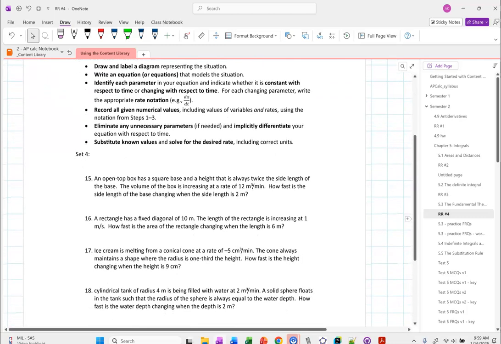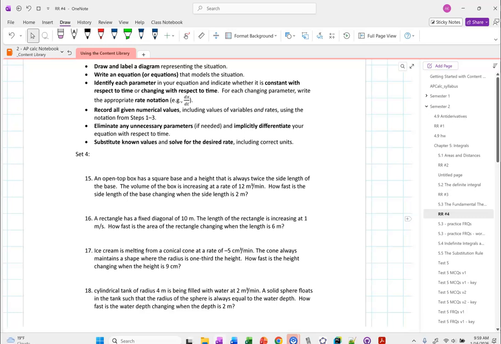Let me read through solutions here for set 4. So for 15, it's 1/2 meter per minute. 16 is 3.5 meters squared per second. 17 is -5/9 pi meters per minute.